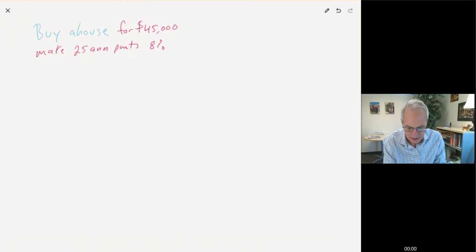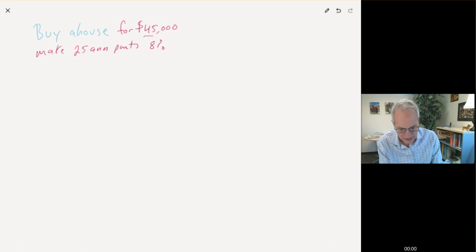Now, just to let you know, interest rates right now are like half of 8%. If you go back over time, 8% is probably about the average. So your parents probably had a mortgage over 8% at one time. 25 annual payments, not real common. More common would be 30. 30 and 15 are probably the more common.